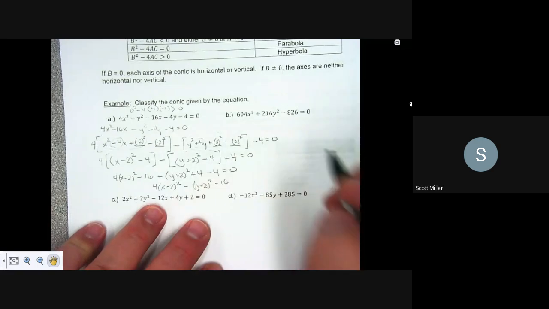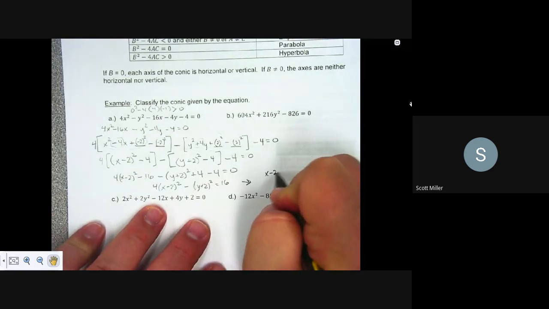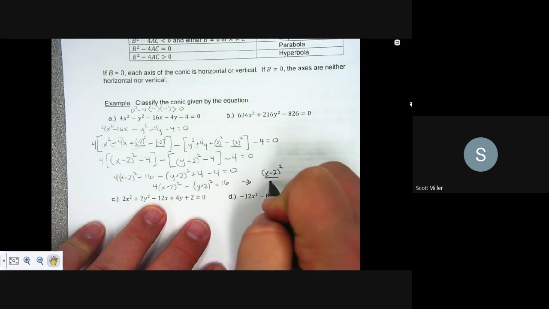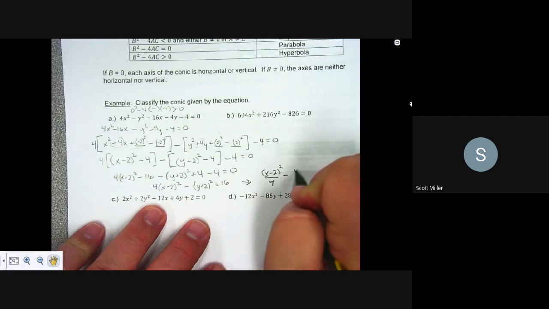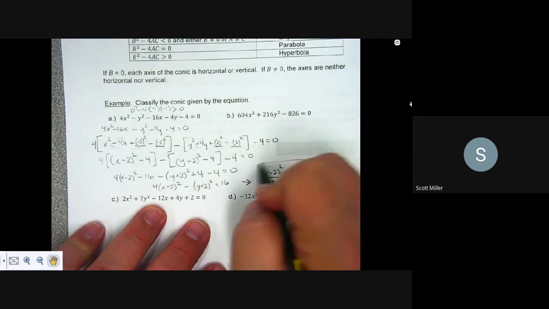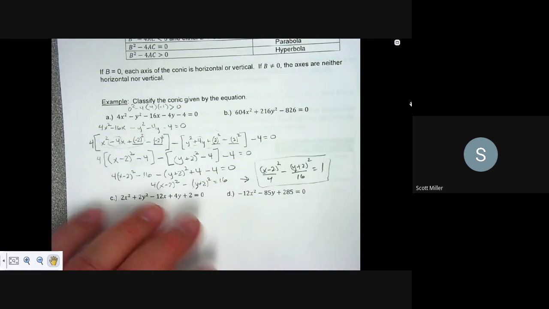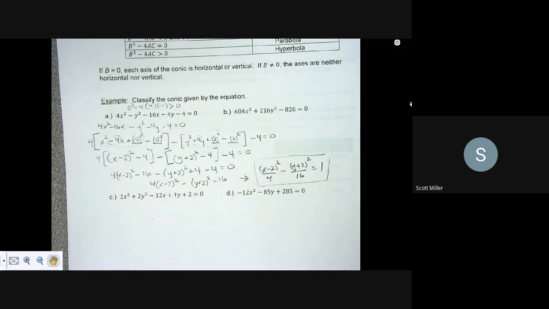And so we get the final answer of x minus 2 squared over 4 minus y plus 2 squared over 16 equals 1. So there is your hyperbola equation in transformational or standard form.